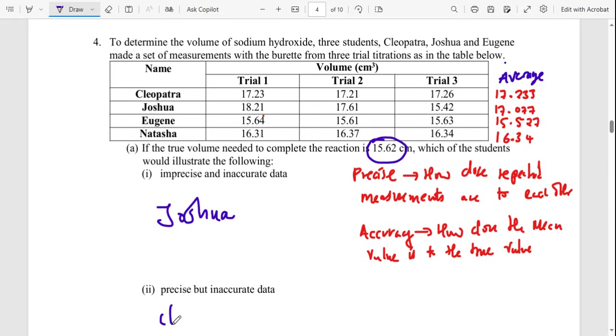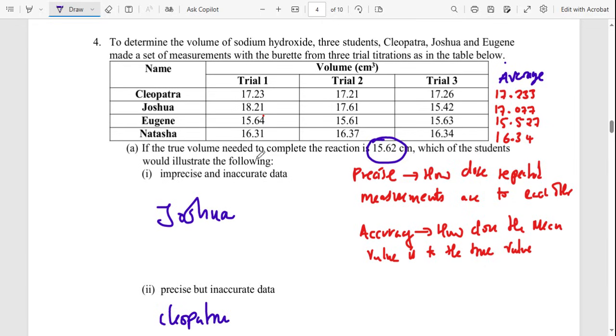So Cleopatra is precise because the values repeatedly are the same, but is not accurate because when you compare the average of the values that Cleopatra was finding with the true value, they are very far away from each other. Okay, I hope that makes sense.